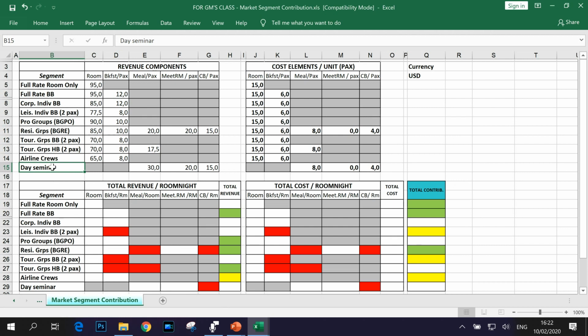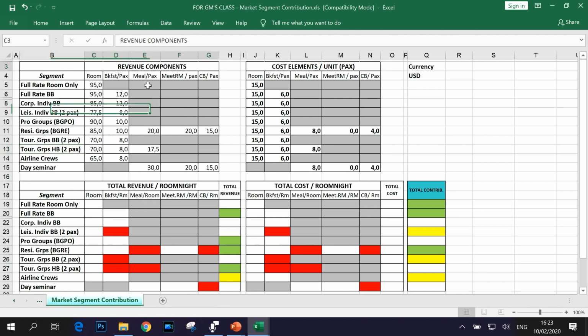And you can see that leisure individual bed and breakfast, tour group, and tour group half board all have double occupancy because you hardly travel alone. So this is something we need to take into consideration when we calculate the related expenses, and also the contribution for profit margin.